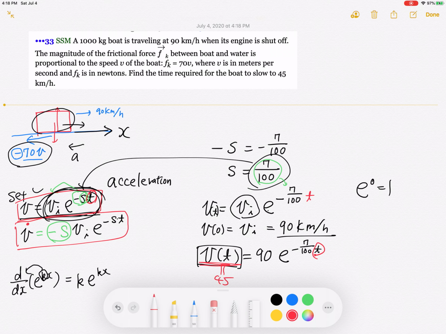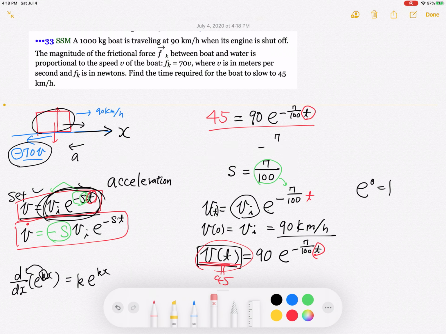So let's plug in 45 for v, equals 90 e to the power of negative 7 over 100 t. Our job here now is clear. Find the t which satisfies this equation.